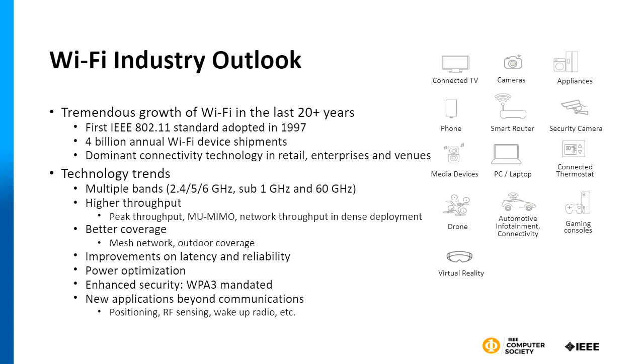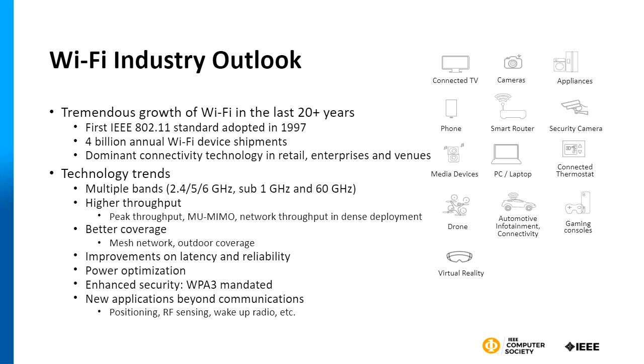The trends over the years have expanded to include multiple bands. So we have addressed 2.4, 5, and 6 gigahertz, the latter most recently. We have also had developments in the sub-1 gigahertz and the 60 gigahertz bands. The targets are essentially to increase throughput, focusing on peak throughput using MU-MIMO technologies, and increasing network throughput in dense deployments.